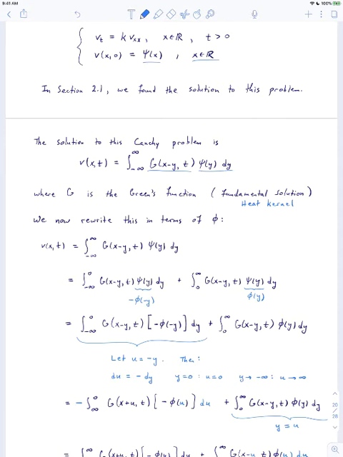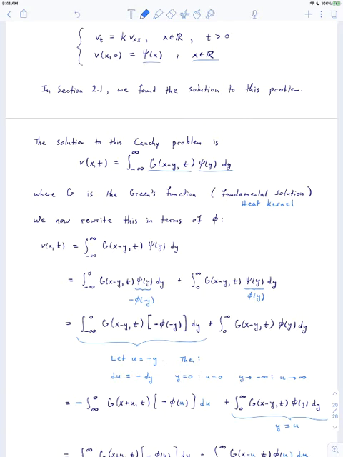We start by, here we've just rewritten the same integral. And what we're going to do is write it as the sum of two integrals, over two intervals though. So it's an integral from negative infinity to positive infinity. We're going to write it as an integral from negative infinity to 0 plus another integral from 0 to positive infinity.